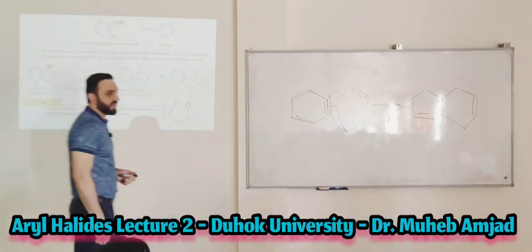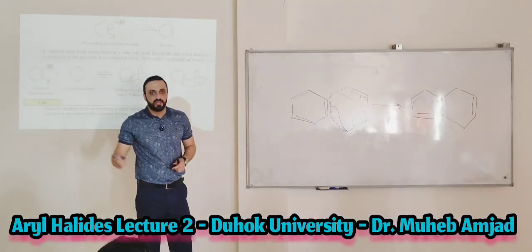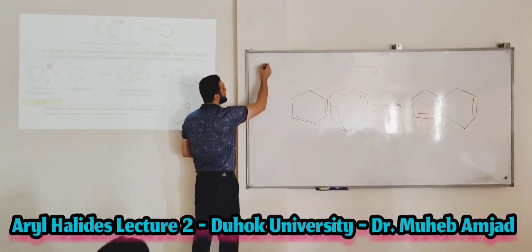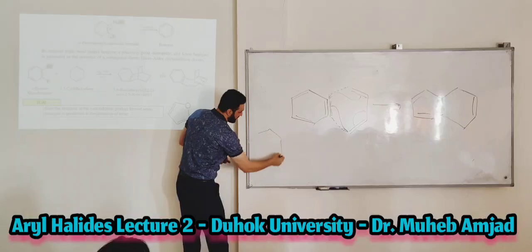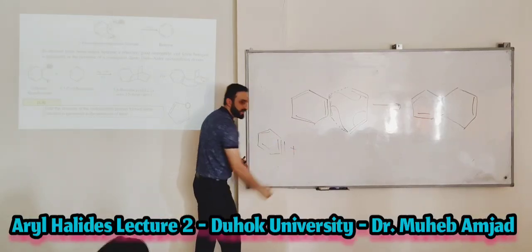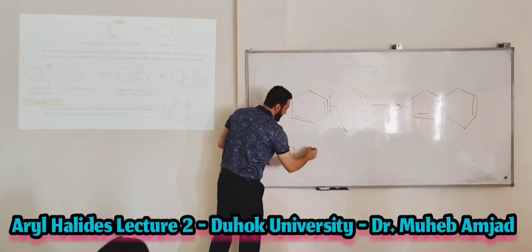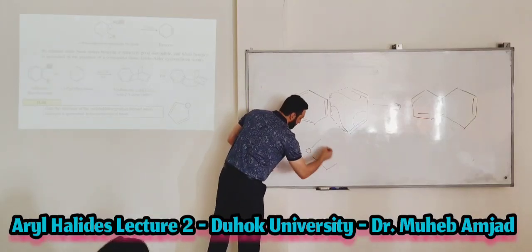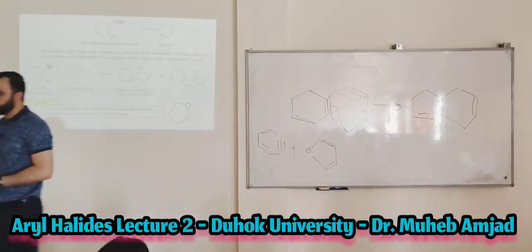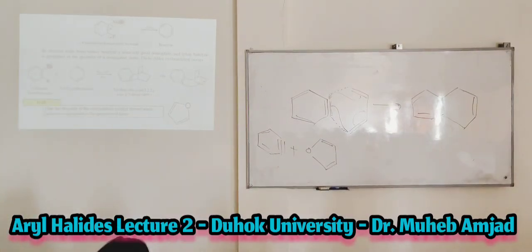So another example. If you have benzyne here, and it reacts with the furan ring. This is the furan ring. It also has conjugated double bonds.